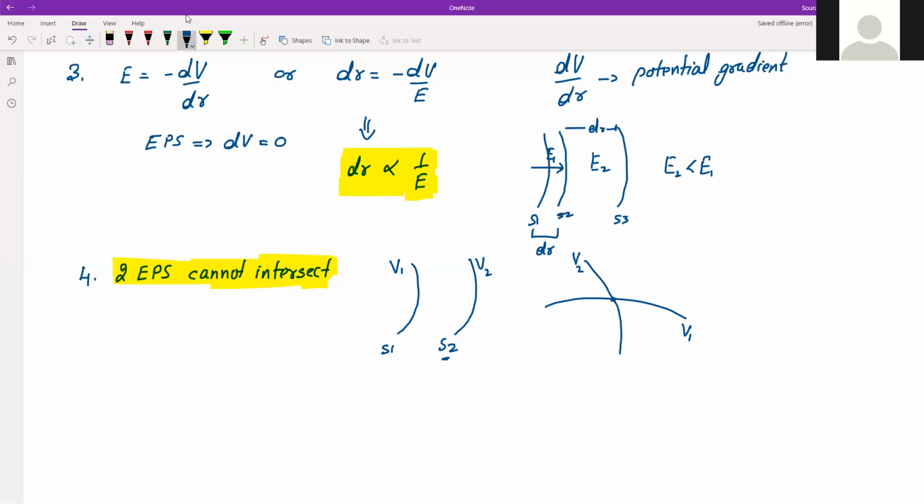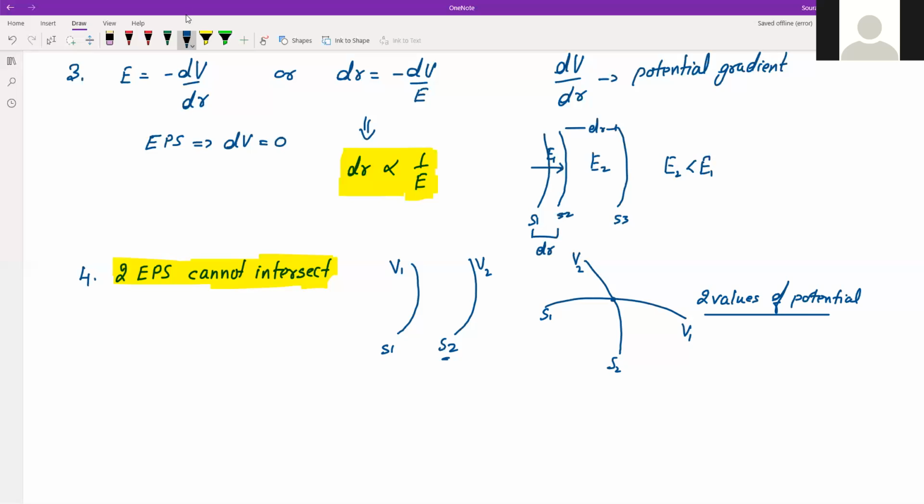On that line, which belongs to both surface S1 as well as surface S2, you will have two values of potential. But what are equipotential surfaces?